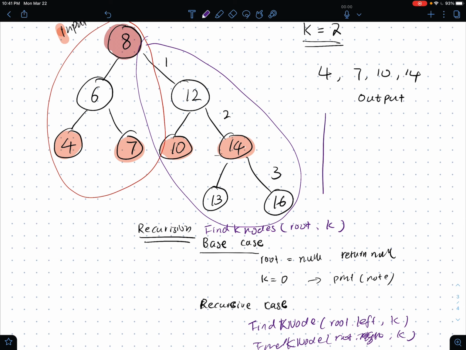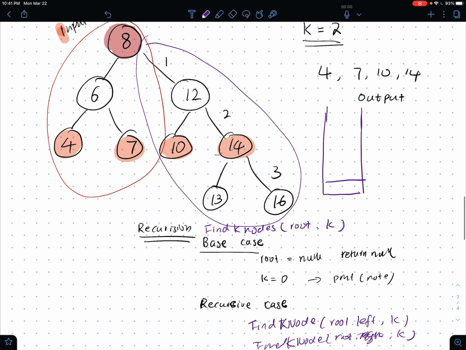Let's say we have a stack here. If you guys remember, recursion always uses the call stack, right? So the first thing we call, the root equals 8 and k equals 2. Nothing happens, right?